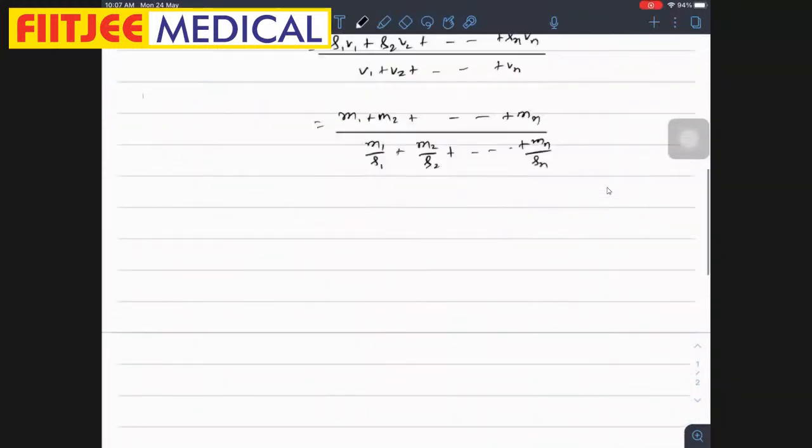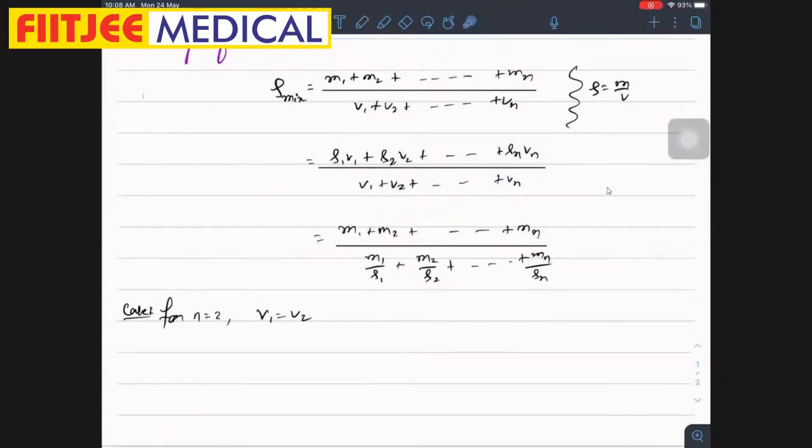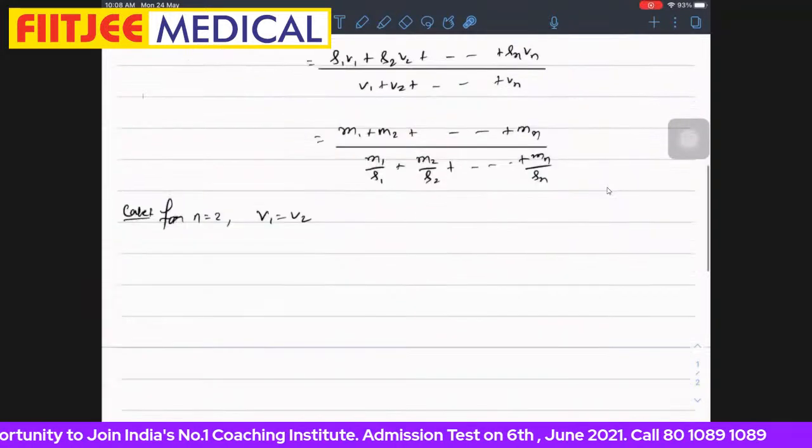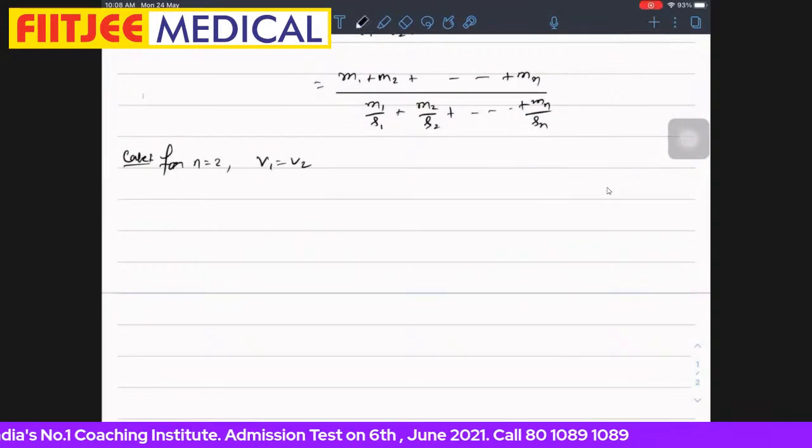If I take n equal to 2, suppose two liquids are mixing in a manner that their volume is the same, that is case 1. It is a special case, otherwise the general formulas are there, and you can use them directly. But sometimes we need to calculate fast, and if these special cases are there, no need to write everything. We can write this in one line.